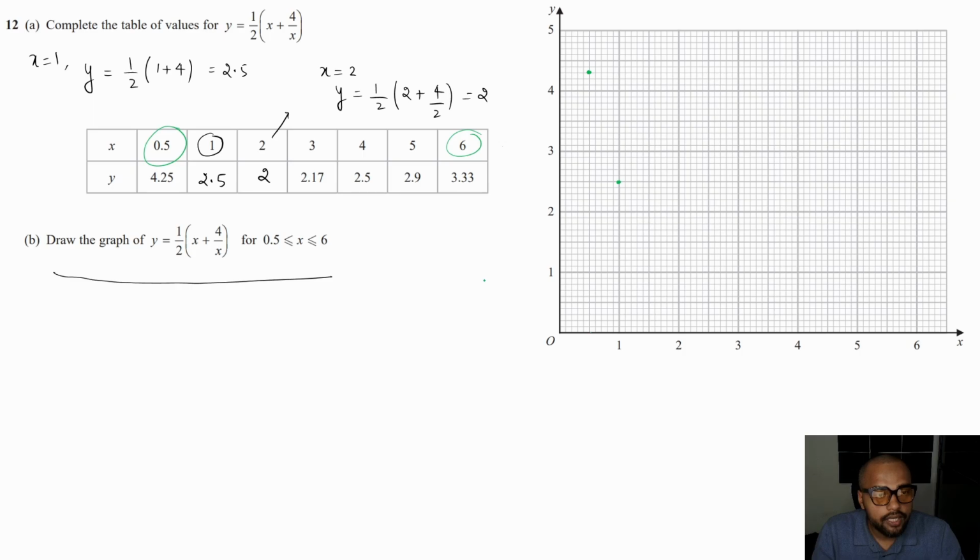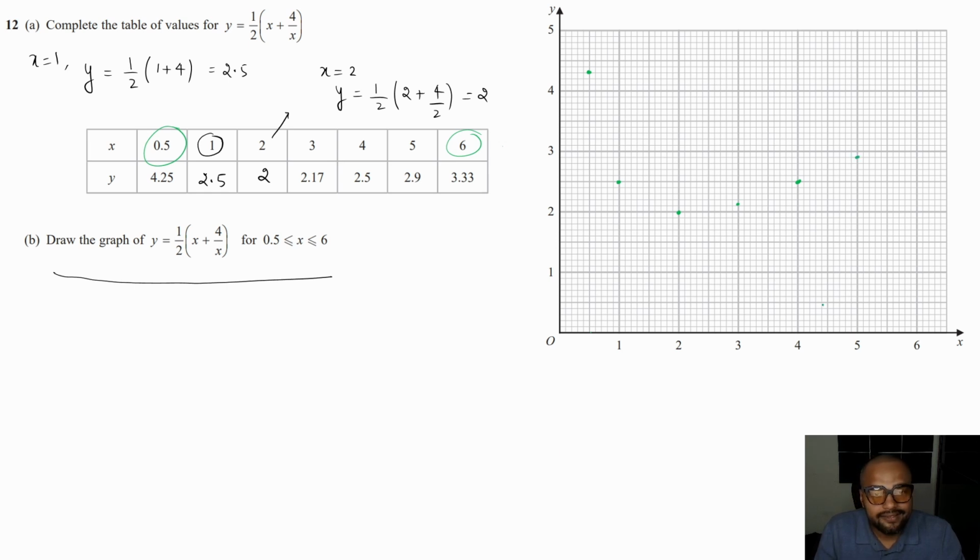On x equals 2, we are getting y equals 2. So here's the value. On x equals 3, the value is 2.17, somewhat a little bit here, about 2. On x equals 4, we are getting 2.5, again here. And on x equals 5, we are getting 2.9, so below 3 means here.